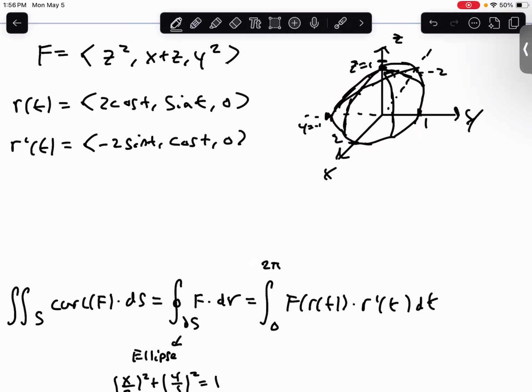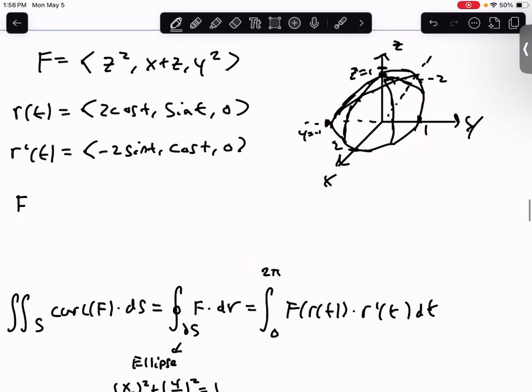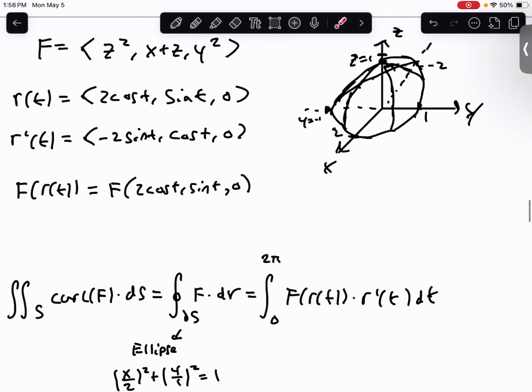And then let's just compute the composition now. So this is F of r of t. So this is really F of (2 cosine of t, sine of t, 0). So for F, the first component is going to be z squared.